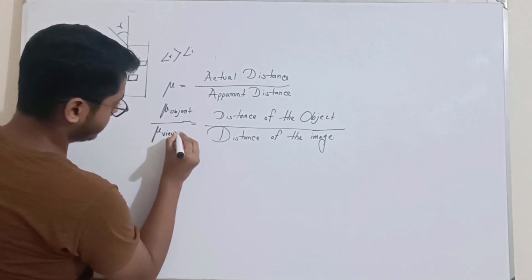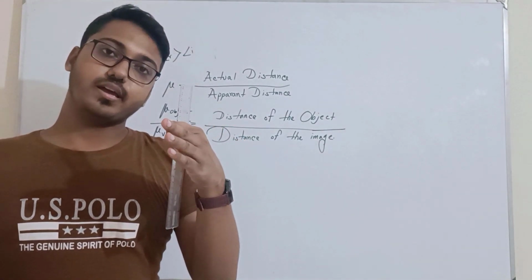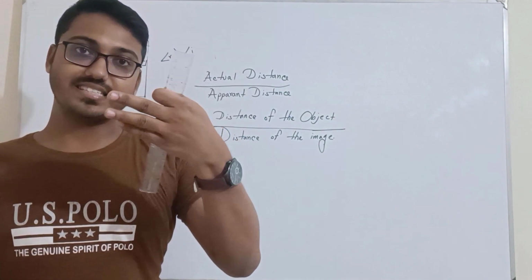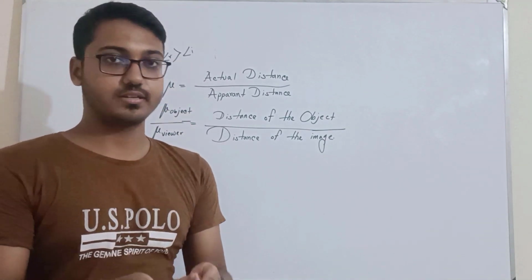Or you can also say the refractive index of the incident medium divided by the refractive index of the refracting medium.